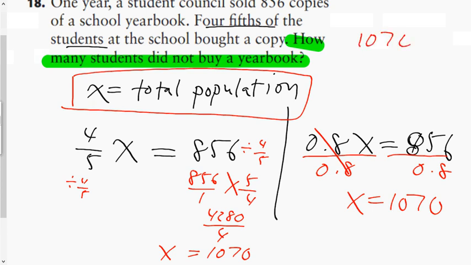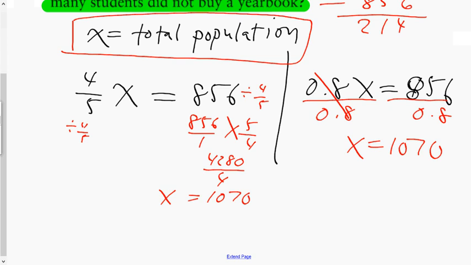If 1,070 people are at the school and 856 bought a yearbook, that means if I subtract those, that means that 214 students did not buy a yearbook, and therefore 214 students didn't buy a yearbook.